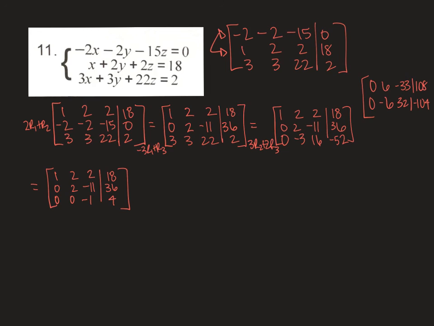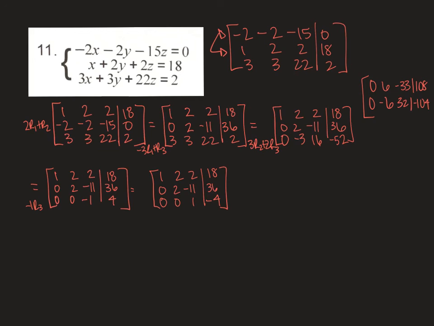So third row, I have a negative 1, but I want a positive 1, so I'm going to multiply that row by a negative. Which is going to give me 0, 0, 1, negative 4.